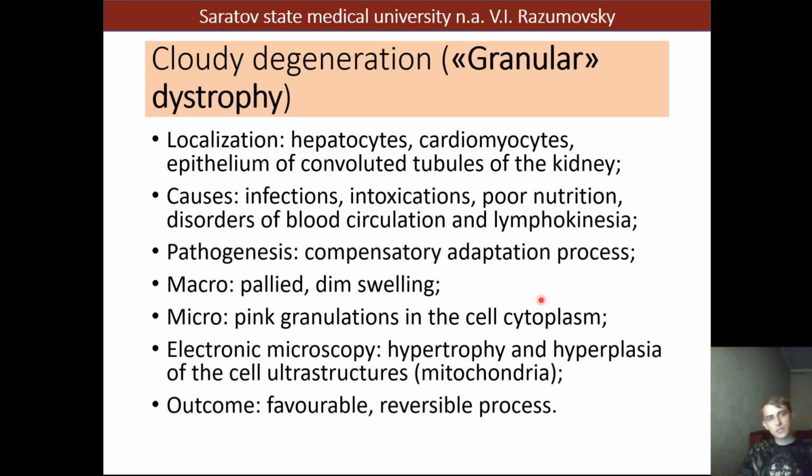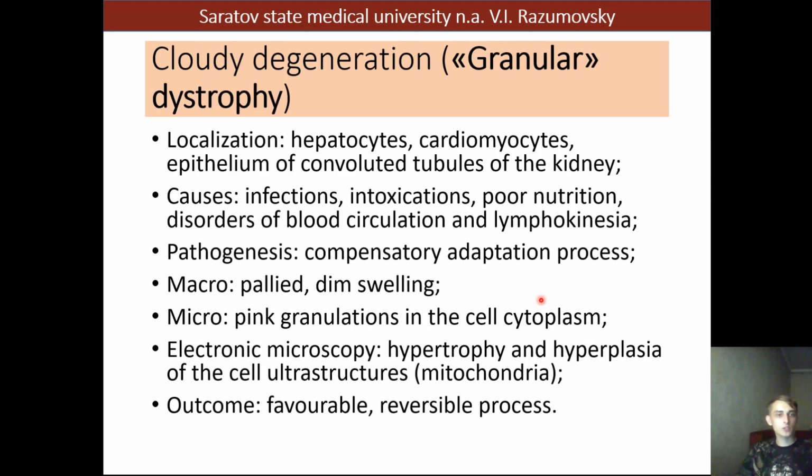Actually, nowadays we don't talk about cloudy degeneration as a degeneration at all, because mostly we should talk about it as a compensatory process, because it is associated with increase of functional activity of the organ. It may be associated with alcohol in our liver and kidneys.